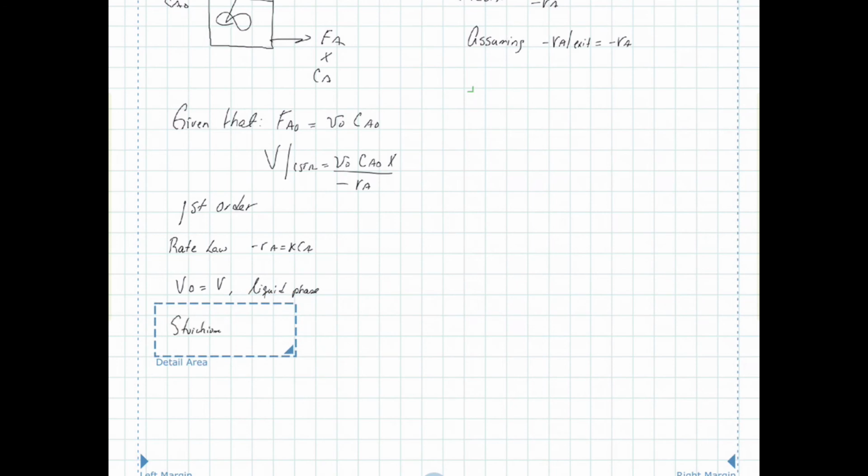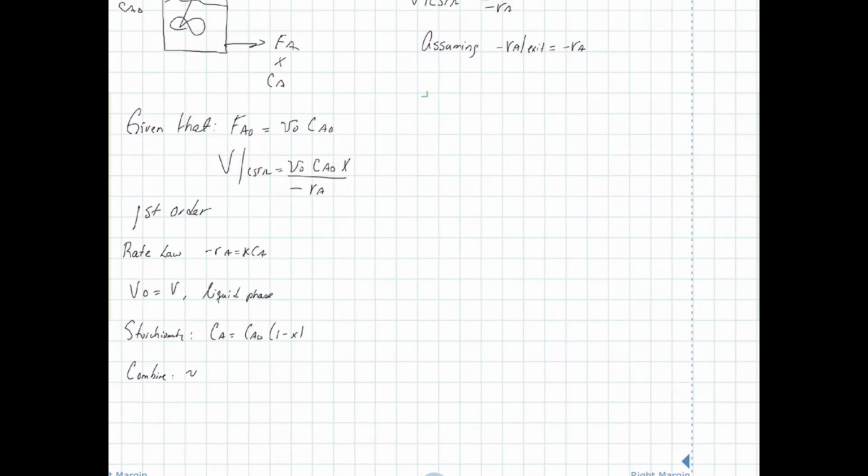From the stoichiometry, we can get that the concentration at the exit of the reactor can be defined as follows in terms of conversion. So if we combine this information to get tau, remember that tau is defined as the volume over the volumetric flow rate, which equals Ca0 over k Ca0 (1 minus X).